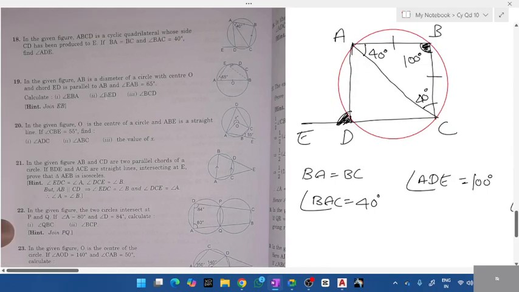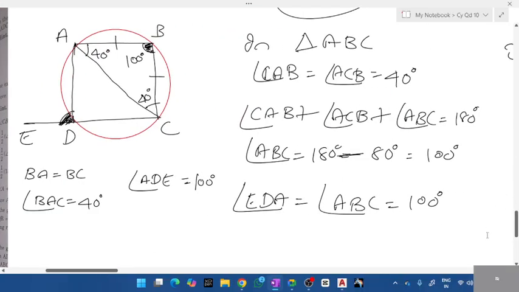A chord is given. The line is parallel to AB. Okay. Whoever has completed, try the next one.